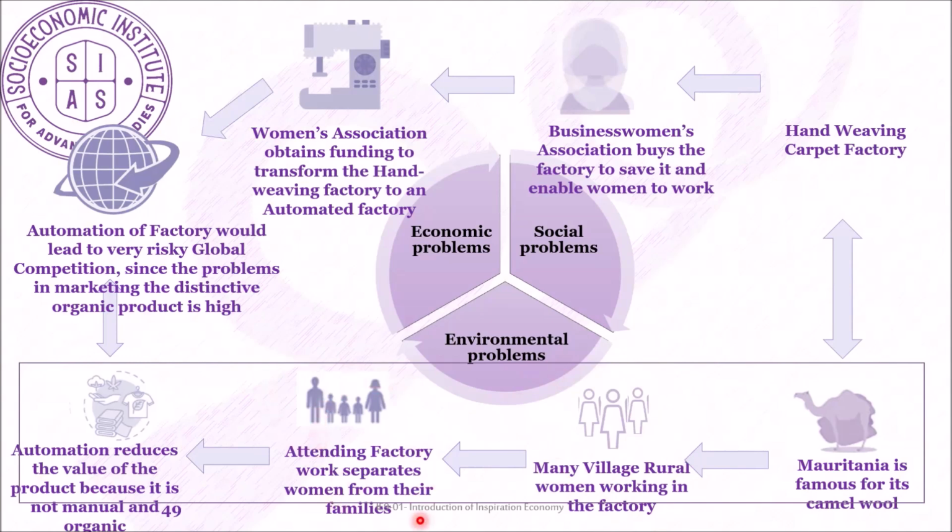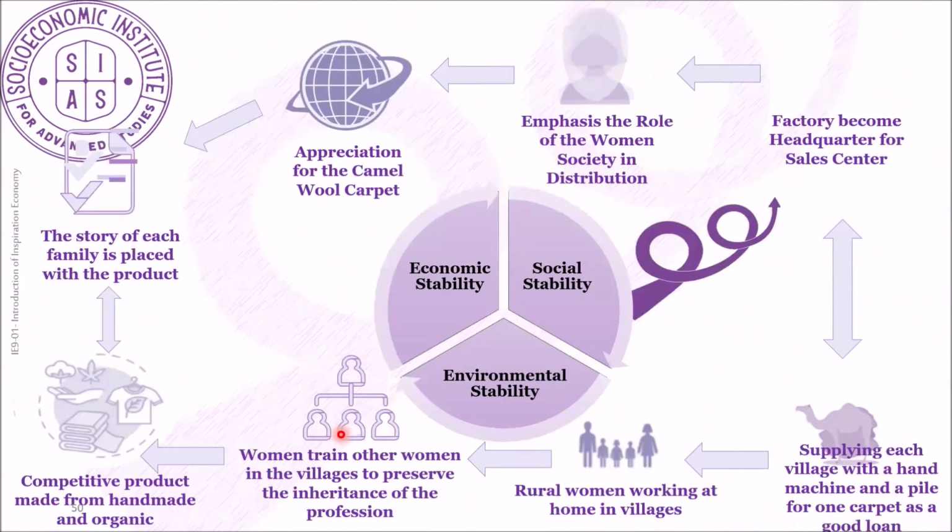And then we started to bring the machines to the village, and the village started to be a family business. And of course, we reduced the issue of any potential automation, supporting that the carpets will be done by hand and will be produced to the betterment of the society.